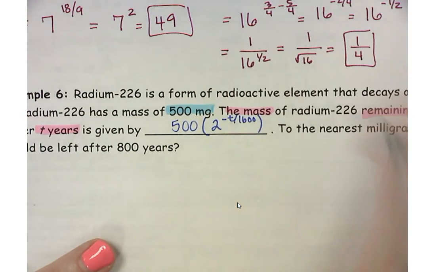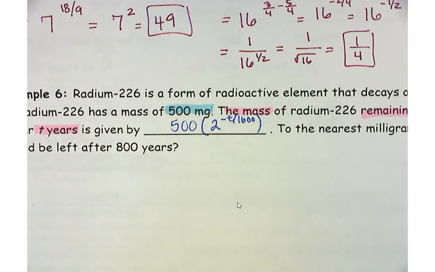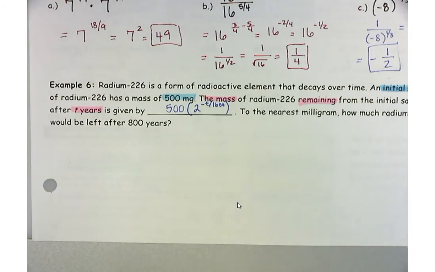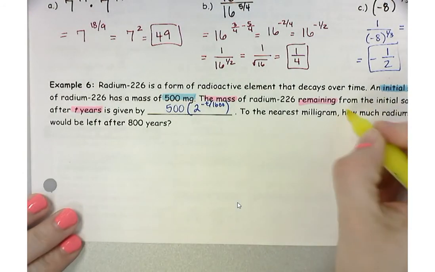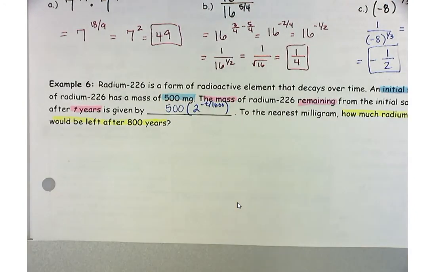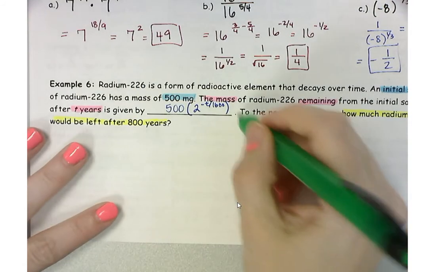All right, so if I'm trying to answer this question, the first thing I'm doing is classifying different information. So it says how much, so that is going to be the remaining mass. Okay, so what is the remaining mass?